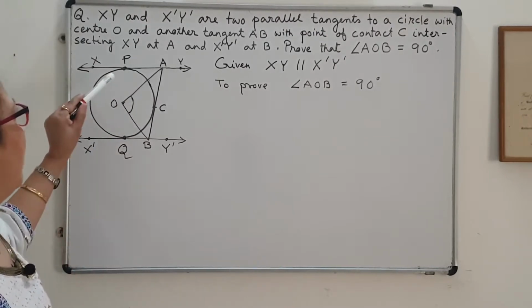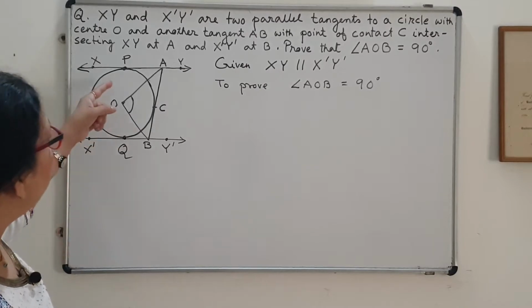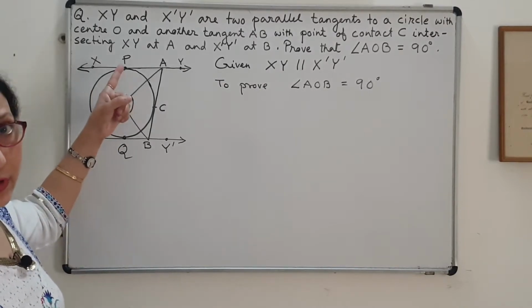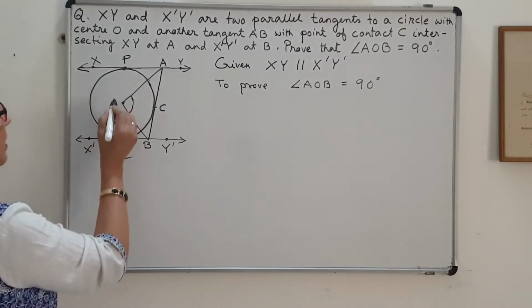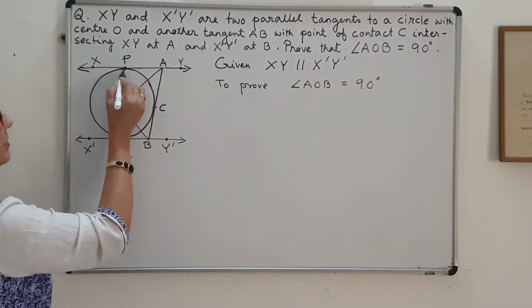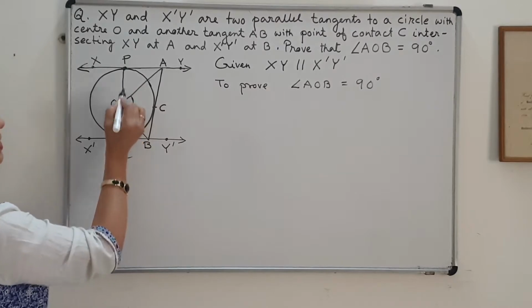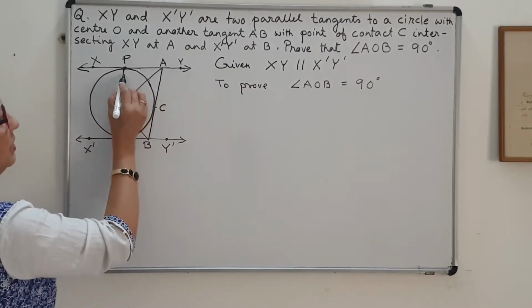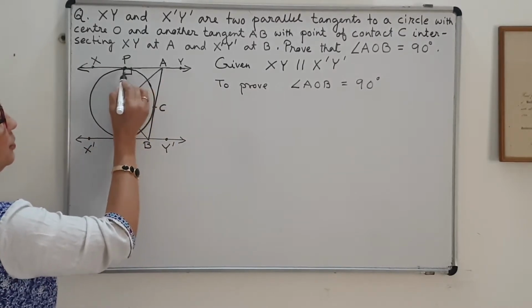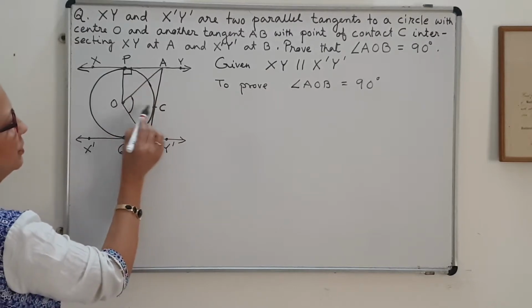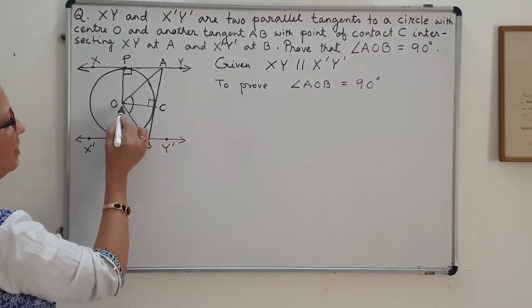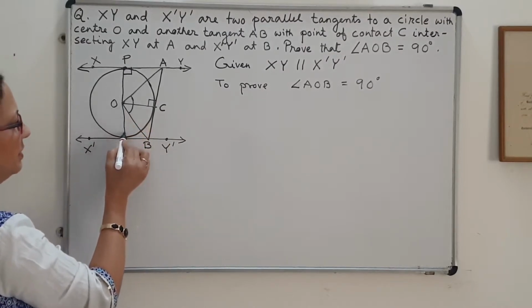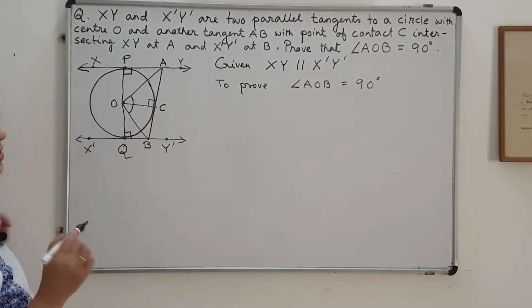Now whenever there are point of contacts, we can draw radius through the point of contact, so that we can apply the first theorem, that is the tangent is perpendicular to the radius to the point of contact. Similarly, let us join the radius here, so this is also 90 degree. Similarly, if I join this one, this will be also 90 degree. So this is the first step.